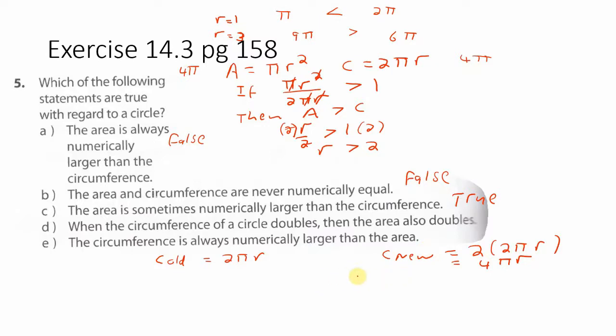For area, the area of the old we know is simply pi radius squared. So now let's look at the new area.